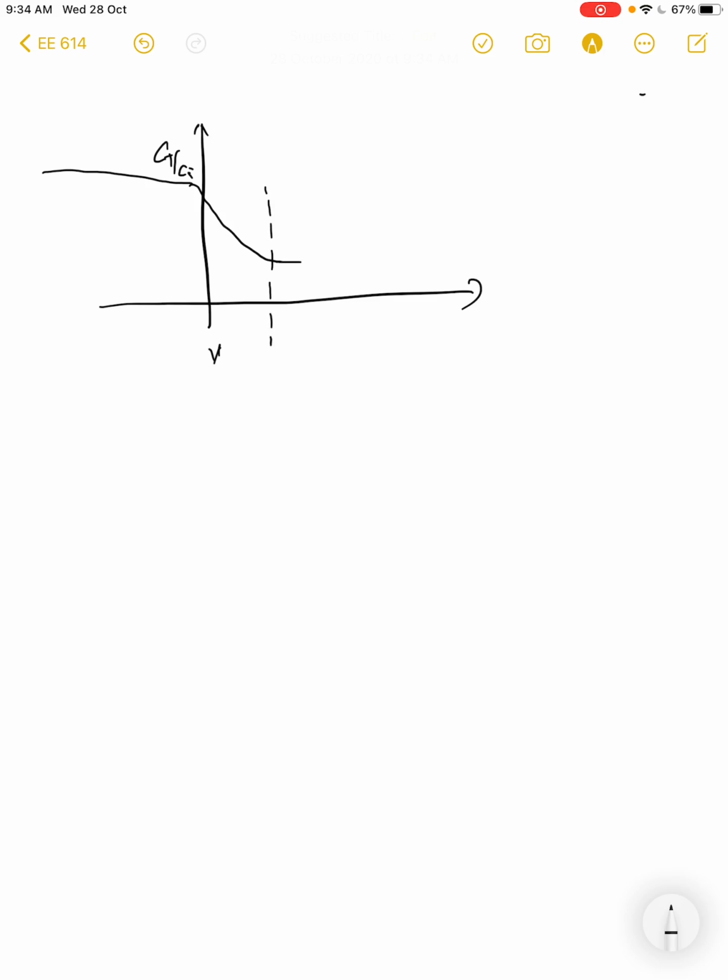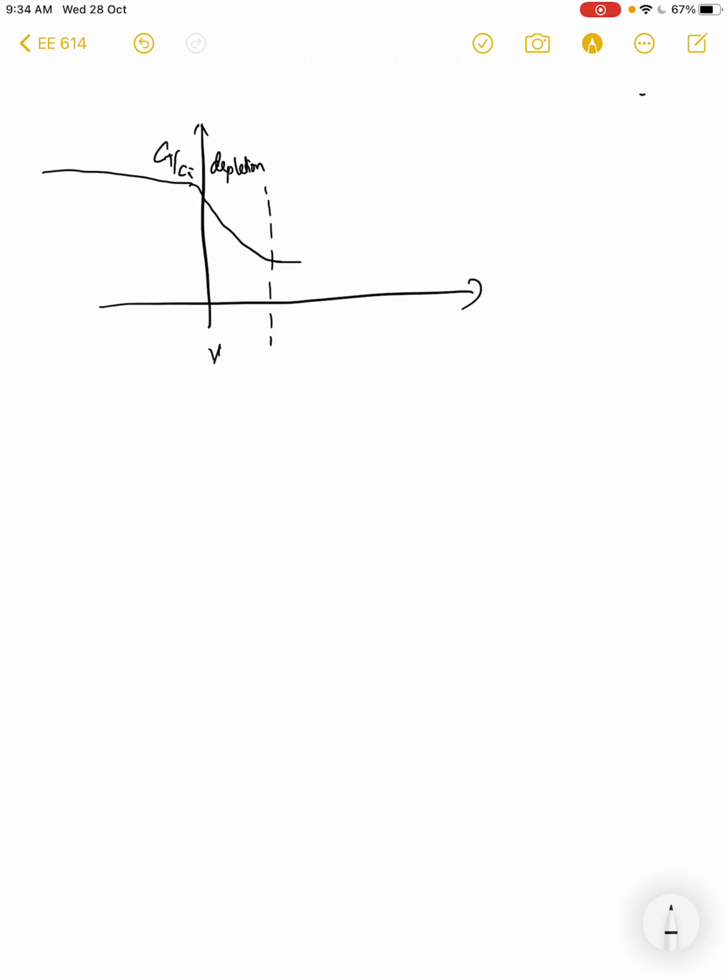Particularly we saw that the total capacitance normalized against the insulator or oxide capacitance for V lesser than 0, where the semiconductor is in the accumulation region, will be almost equal to the oxide capacitance. And for V greater than 0, you have a small depletion, and it lies down till what we call as depletion.